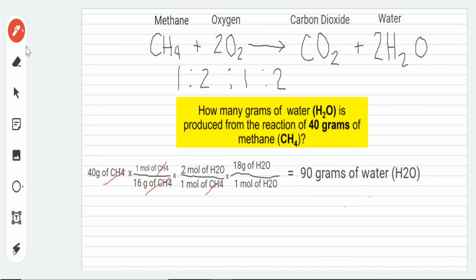So, here, okay, naka-cancel natin yung unit na mole of water. So, our answer is 90 grams of water. Okay, for 40 grams of methane, okay, we can produce 90 grams of water.